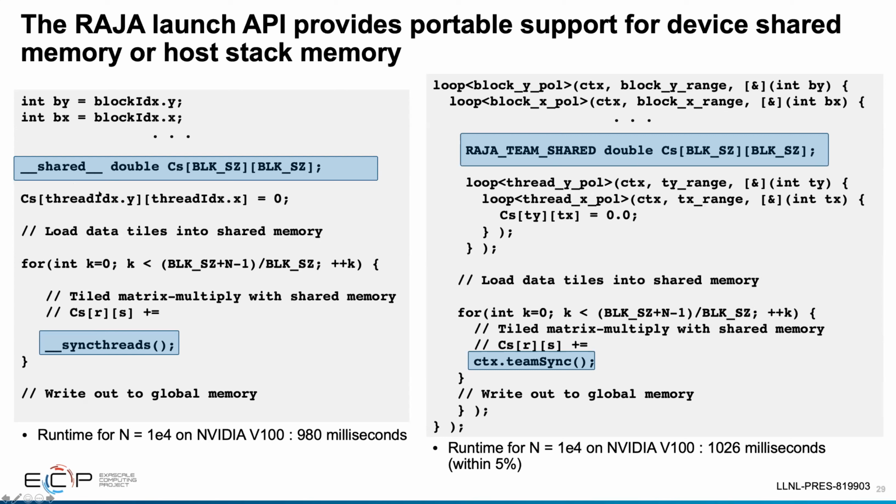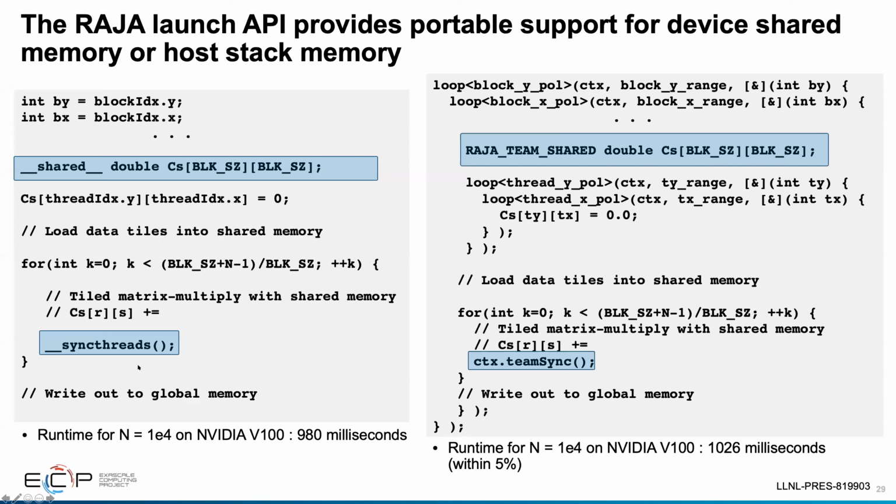So to do shared memory in CUDA, we would just use this shared annotation. The analog in RAJA is just to use this RAJA team shared decorator. And this will do the right thing when you're running on the CPU as well. This will just be a CPU stack memory.